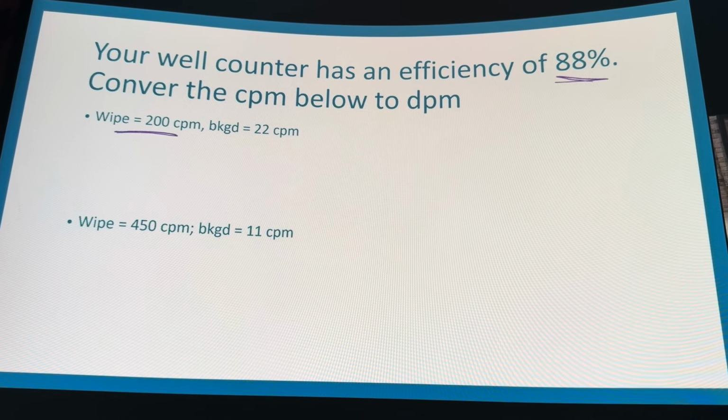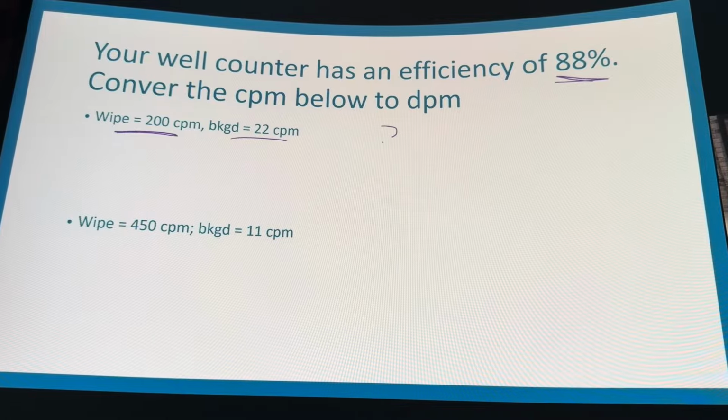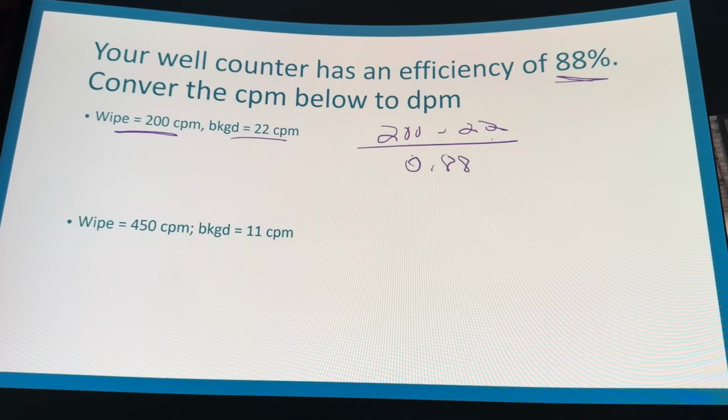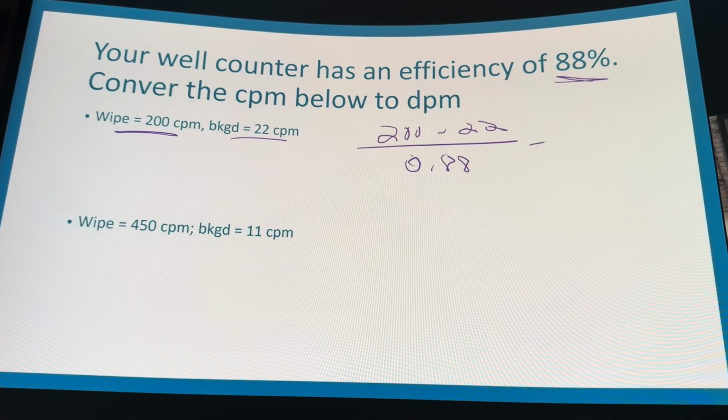So if my wipe is 200 and my background is 22, 200 minus 22 divided by 0.88. Now if I accidentally multiply, I know it's going to be wrong because my DPMs are always going to be higher than my CPMs, because we have to correct it for its inefficiency. 200 minus 22 divided by 0.88.